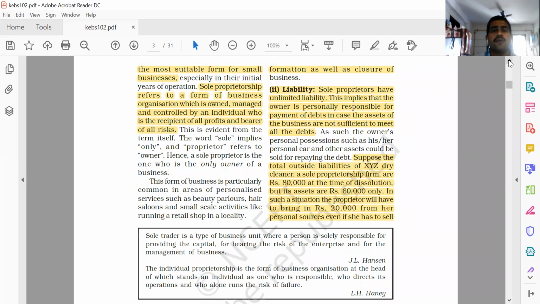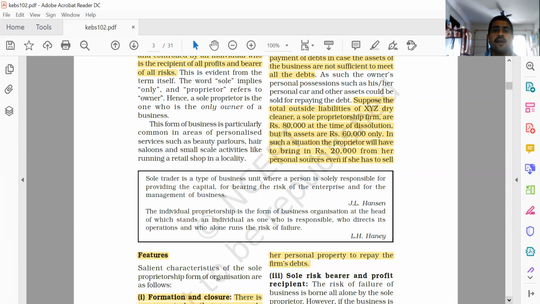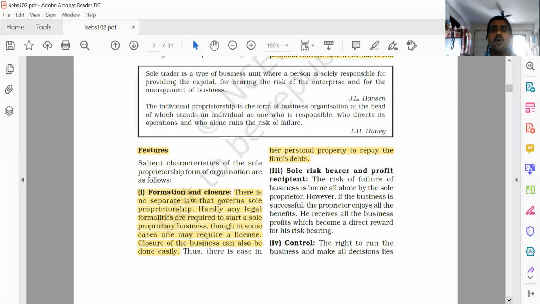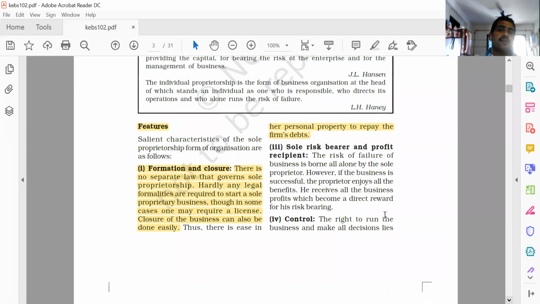Sole proprietorship has unlimited liability, so the owner is personally responsible for the payment of debt in case the assets of the business are insufficient. Then comes the third one, sole risk bearer and profit recipient. He himself manages and controls the whole business. That means he is the risk bearer and the profit recipient.